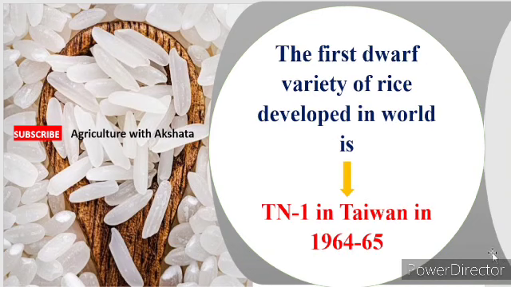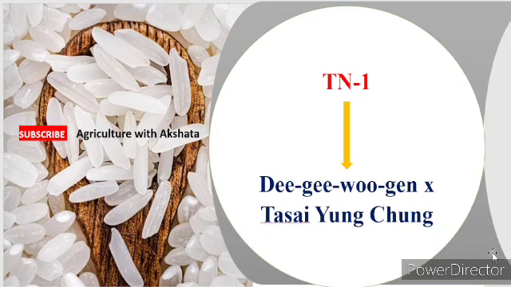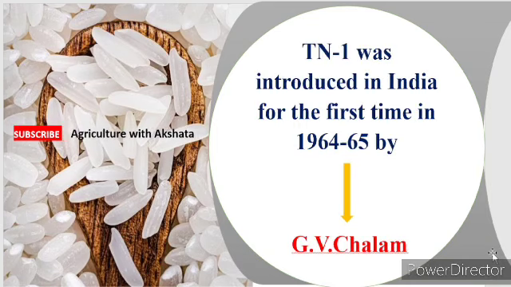The first dwarf variety of rice developed in the world is TN1 in Taiwan in the year 1964 to 65. TN1 was developed by crossing between Dee-geo-woo-gen and Tsai-Yuan-Chung. TN1 was introduced to India for the first time in 1964 to 65 by G.V. Chalam.